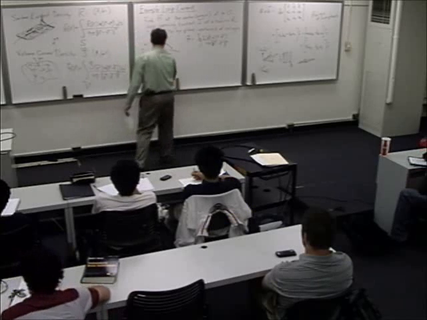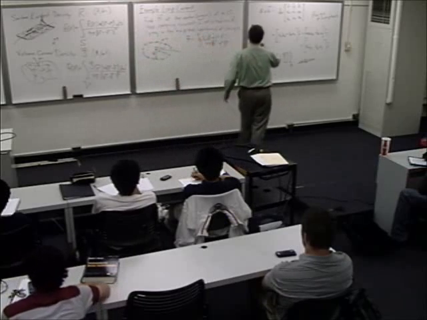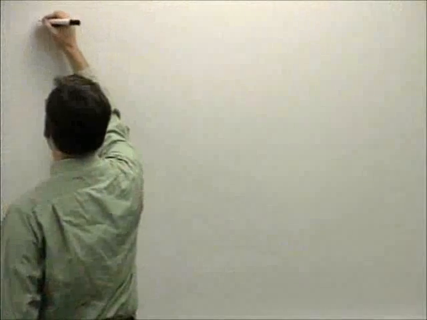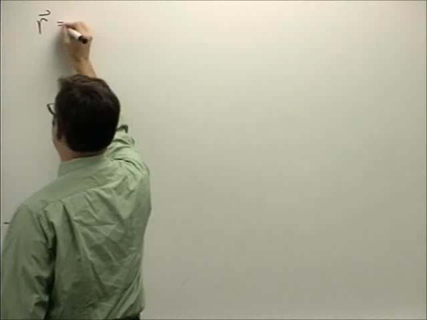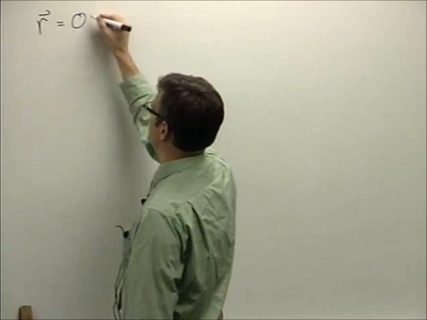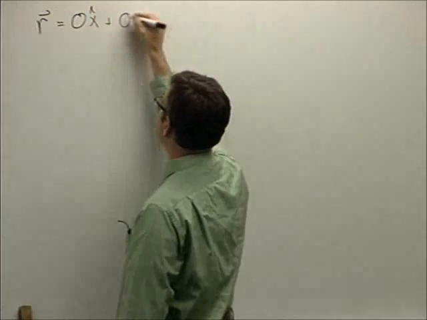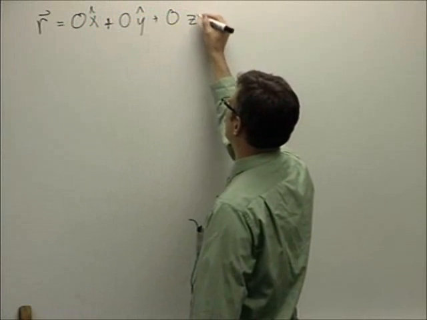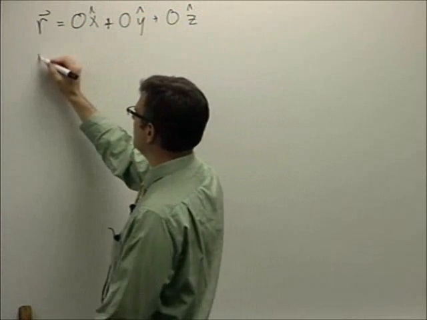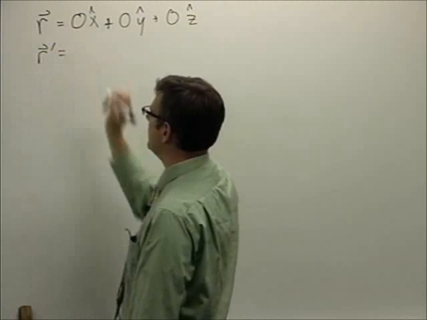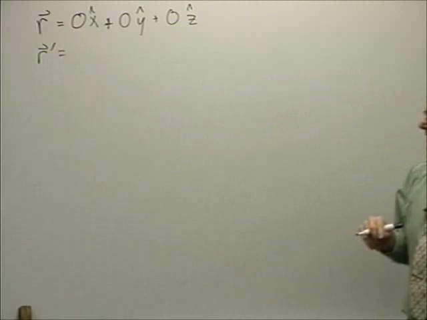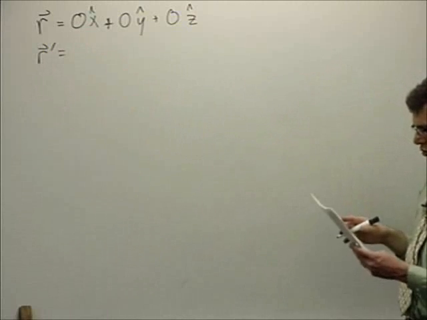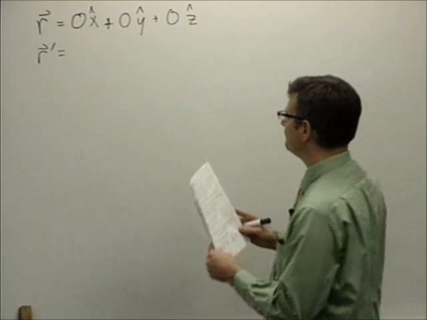So let me go ahead and resolve this stuff. Okay, r, in this case, is 0, stick it on the x, 0, stick it on the y, 0, stick it on the z. R prime, I can write in terms of my cylindrical coordinate system variables.